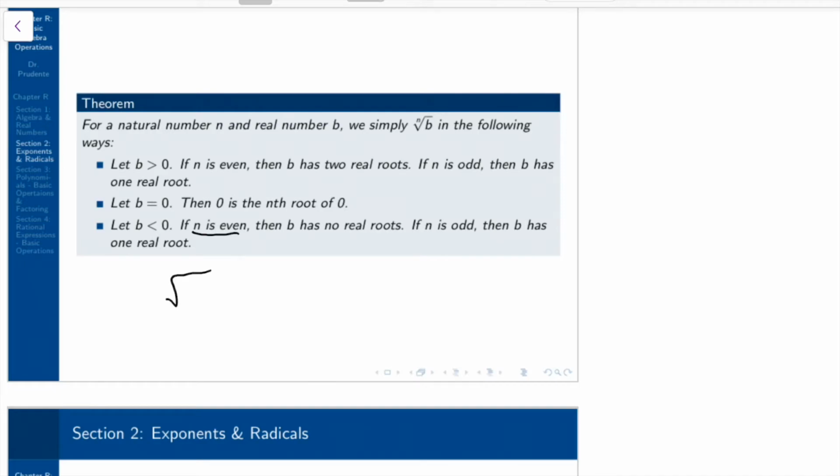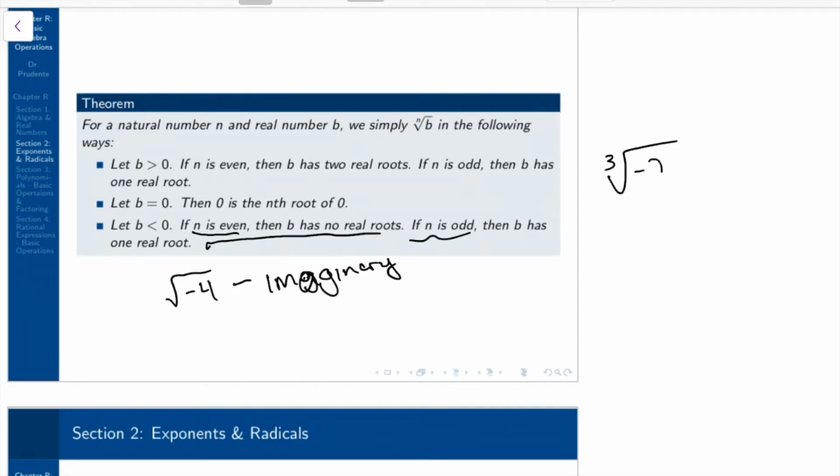If n is even, like the square root of negative 4, technically we would say that is imaginary. It wouldn't exist. So if n is even, then b has no real roots. However, that changes if n is odd. The cube root of negative 27 would be negative 3.